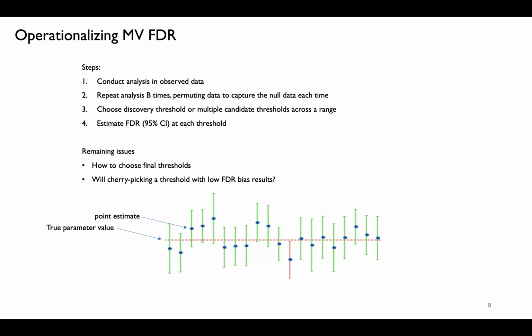But now we have this idea that we can actually set the rejection region in a post hoc approach. So that brings up the question of how do we do that, and where do we set the rejection region?